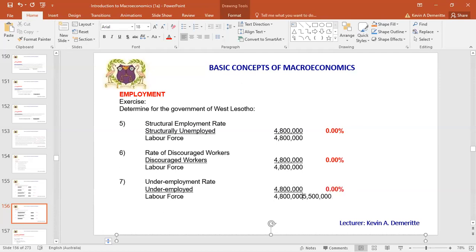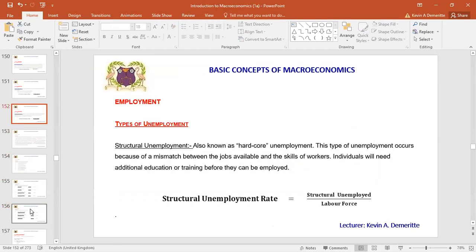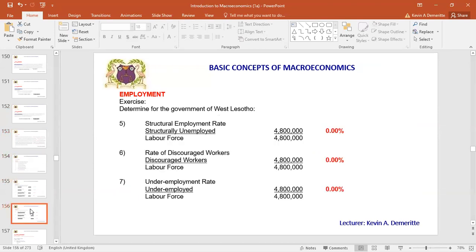All right, so now the structural unemployment rate. What do we mean by structurally unemployed here? This is our hardcore unemployment. We were just talking about them, and we said that was the 100,000 who need to go back to school. Yes. All right.